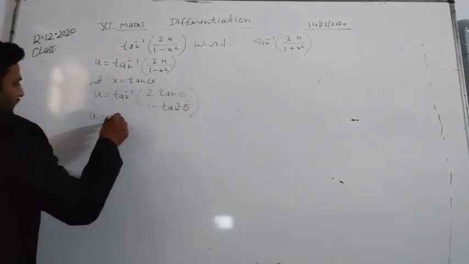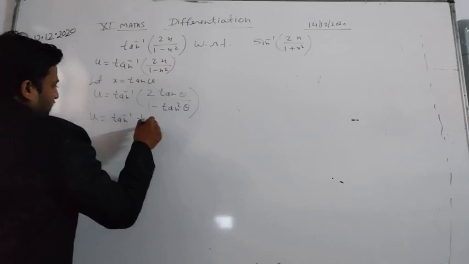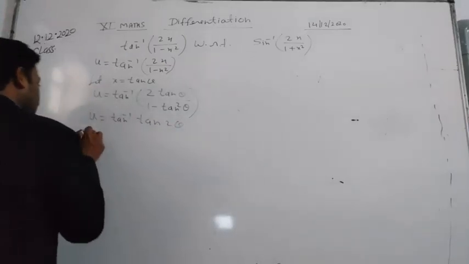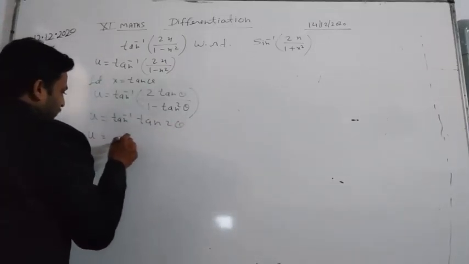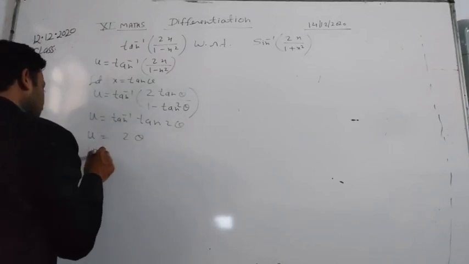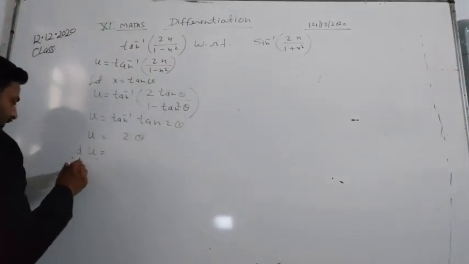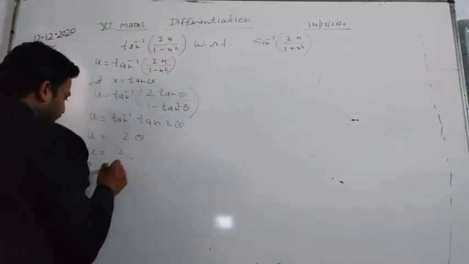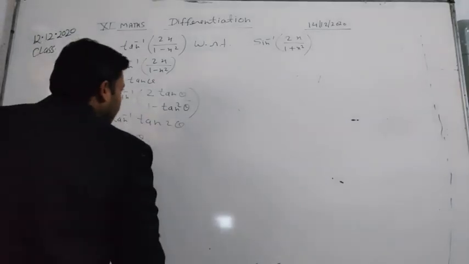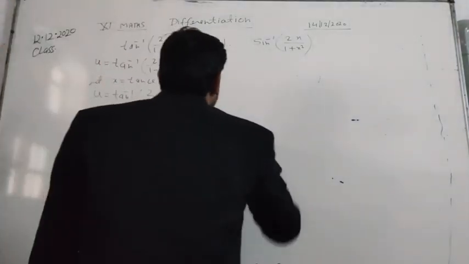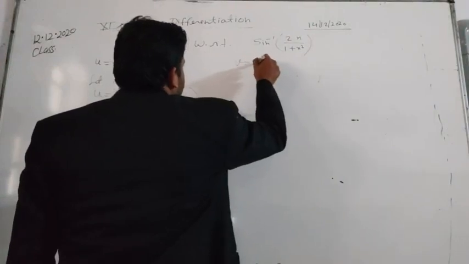So u is tan inverse tan 2 theta. So u is 2 theta. So du by dx is 2 by 1 plus x square.